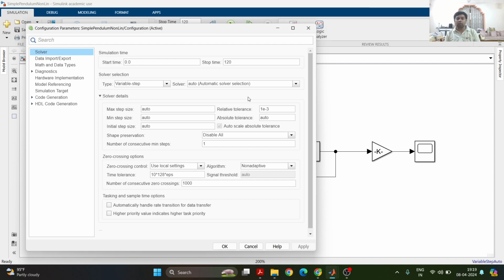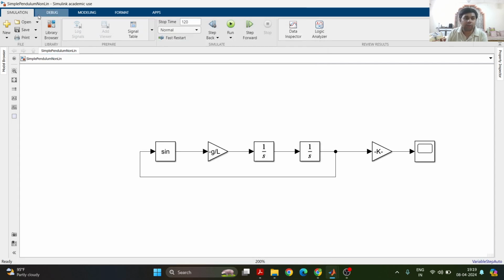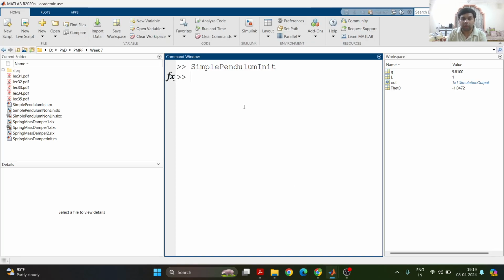So we can use automatic solver selection, and set the step sizes as auto initially, with the default settings. Let us try running this model and see what output we get. There was no error.